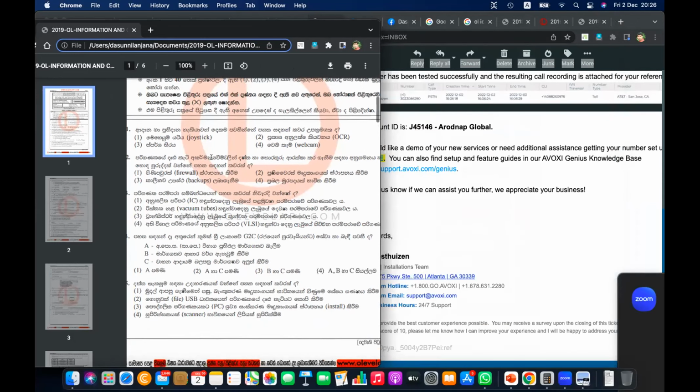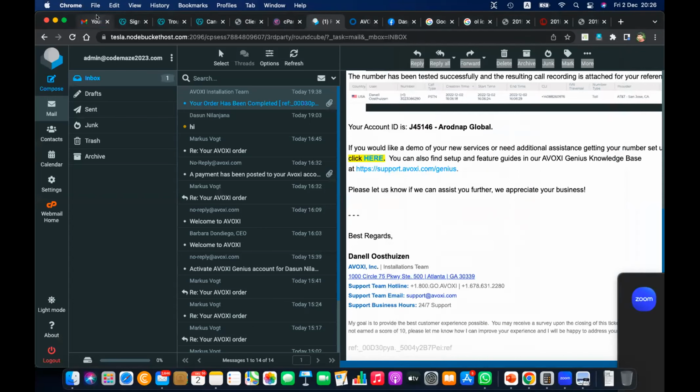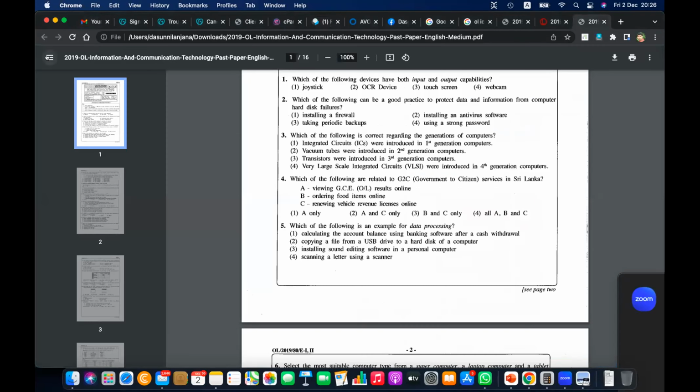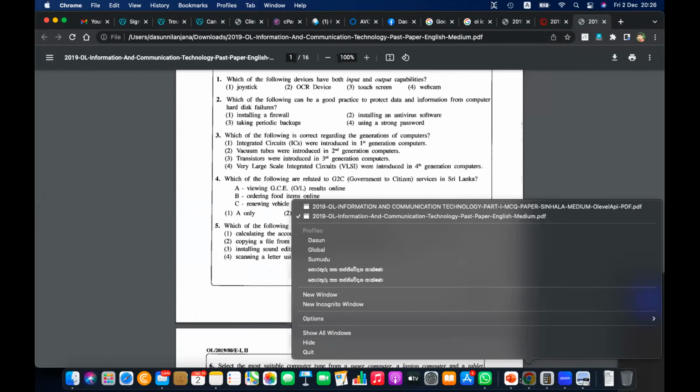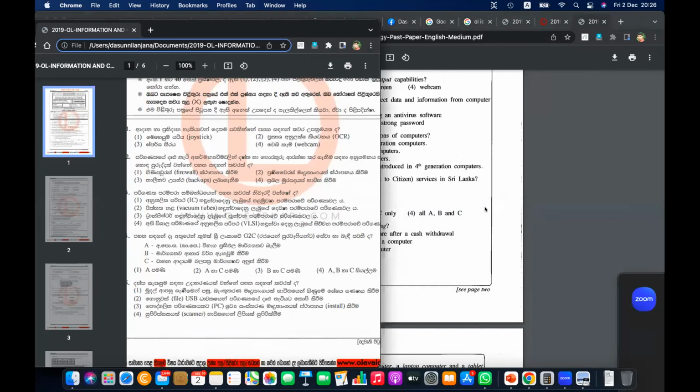But the Sinhala medium text is very difficult, the wording is very, very difficult. My recommendation is to do it in English medium only, but if you have selected Sinhala medium, you cannot avoid that.